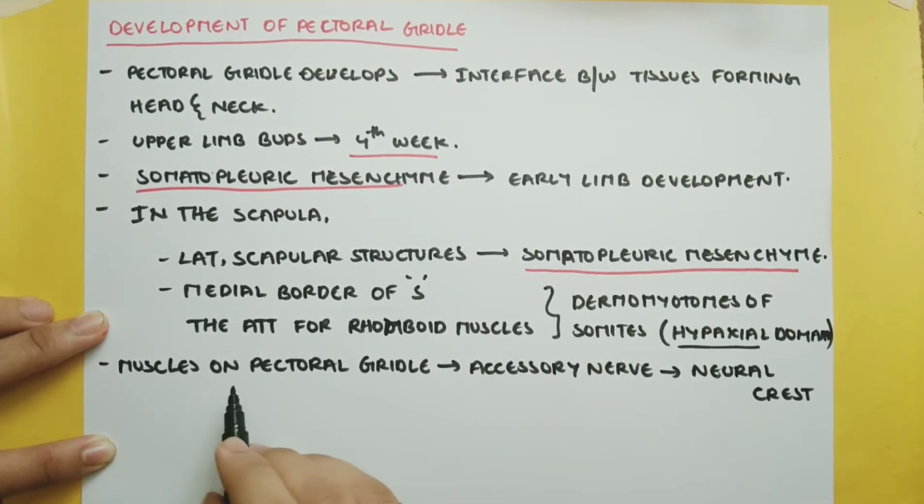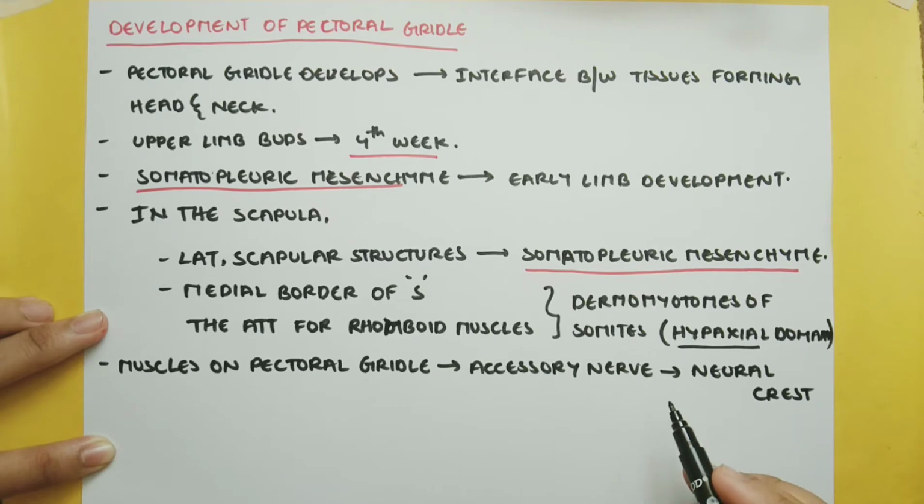That is, the muscles of the pectoral girdle are innervated by the accessory nerve, which is derived from the neural crest.